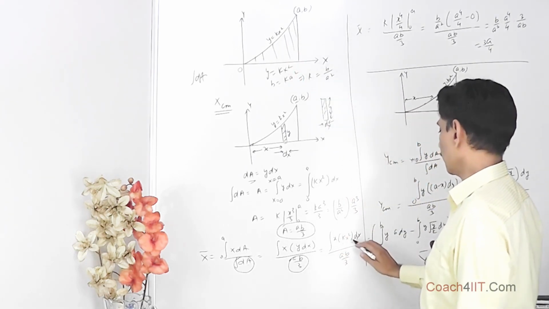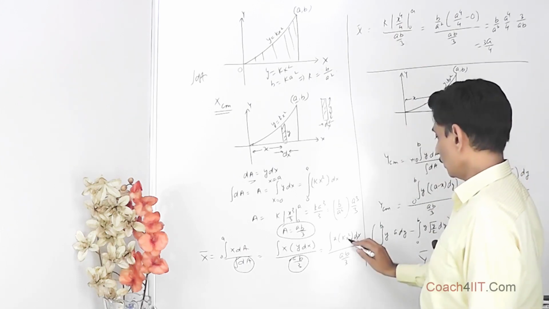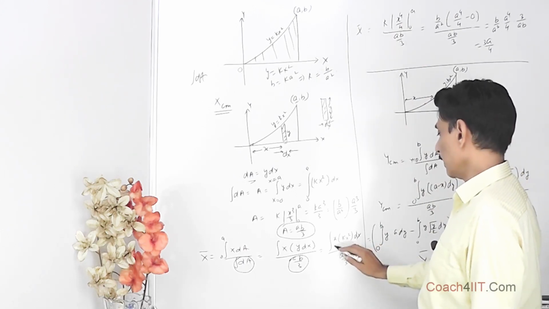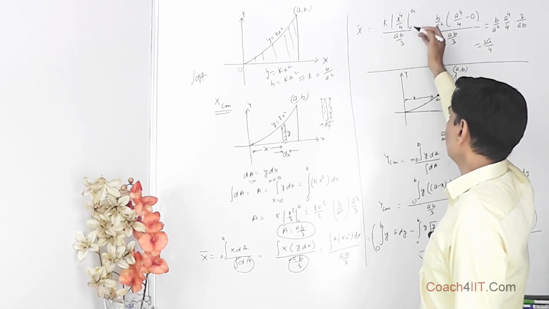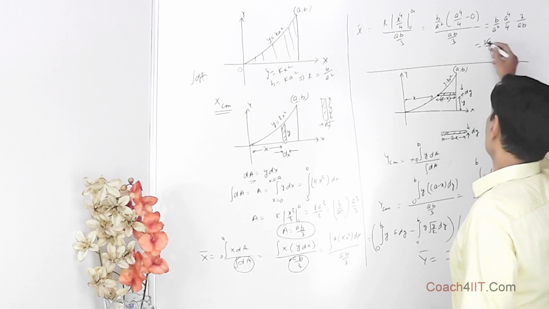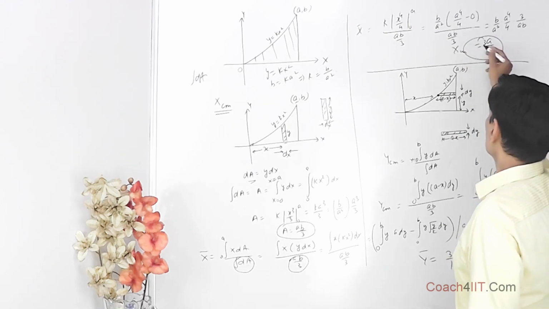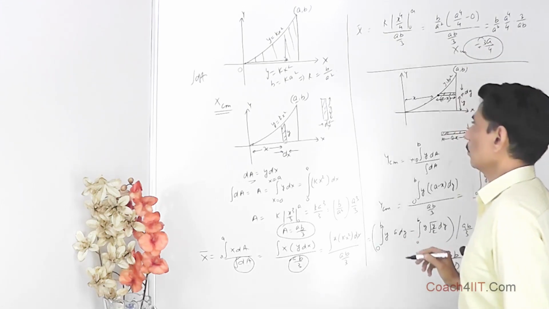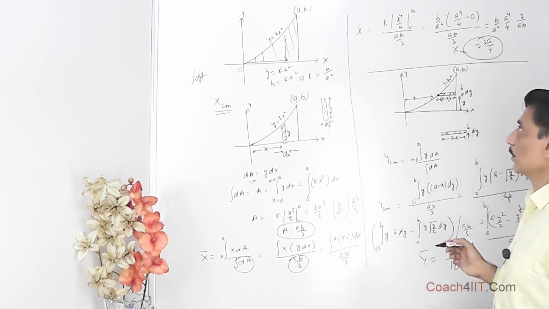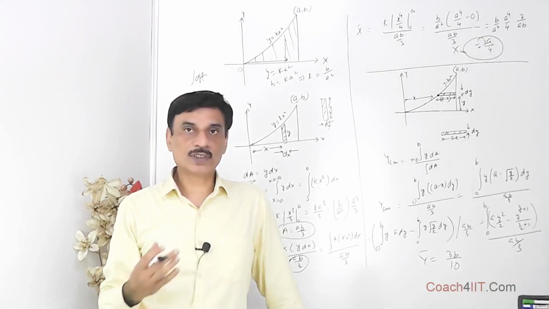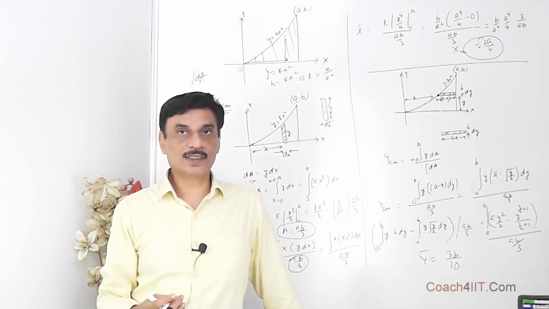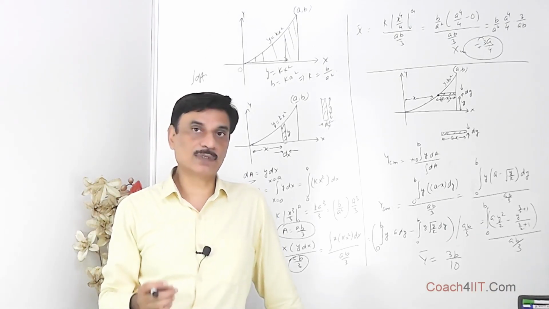So this comes out with k integral x cube dx, that is going to be x to the 4 by 4, limits 0 to a, and when you put in the value, xcm comes out to be 3a by 4. Now we find the ycm also, because we have to find the center of mass, so it is going to have xcm and ycm. Because there is no symmetrical axis, we need to find xcm as well as ycm.